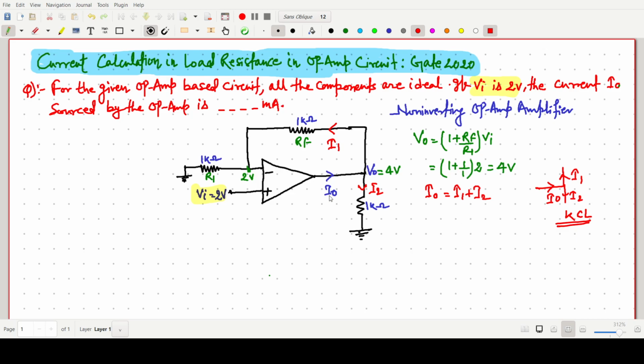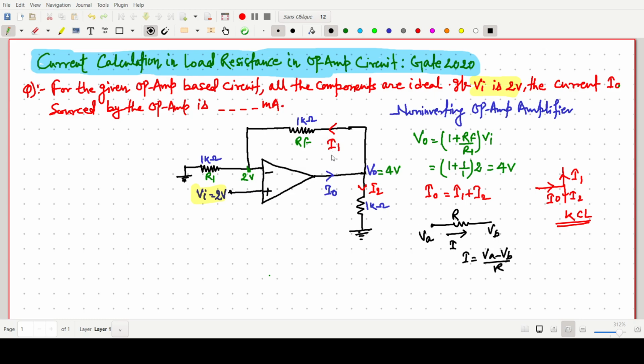Now we can find the value of I1 very easily, because if there is a resistance with some potentials VA and VB and some current is flowing, then this I is nothing but simply VA minus VB by R, higher potential minus lower potential by the resistance value.